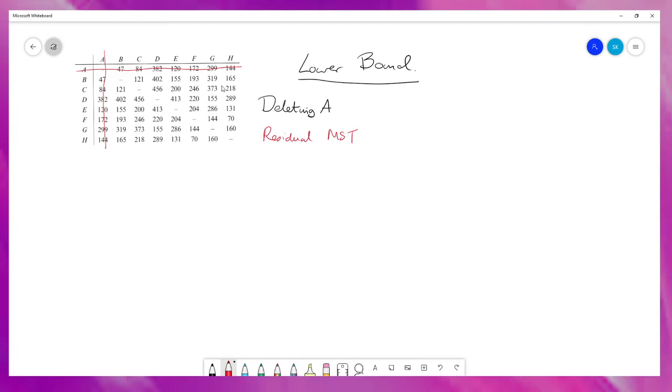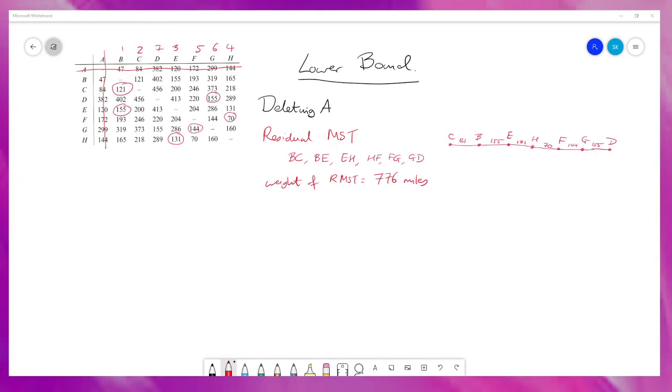So we're going to very quickly find the minimum spanning tree using Prim's algorithm here. I'm going to pause the video, I'll let you do it as well, and you'll be able to see my answer. So as I said, I've done Prim starting at B, but again, you could use any method.